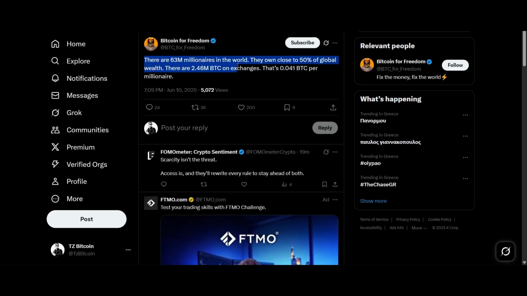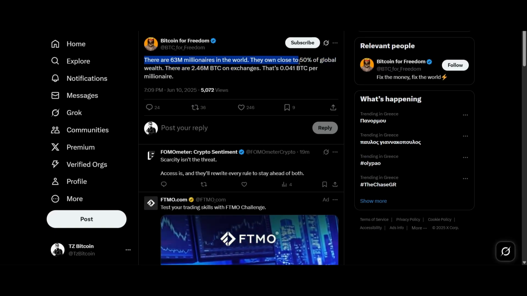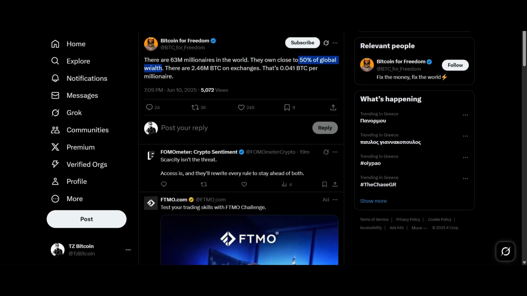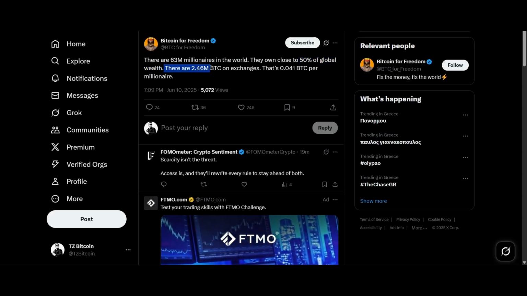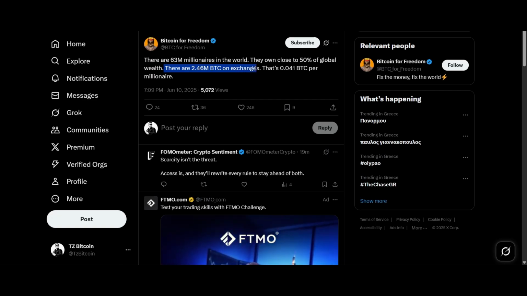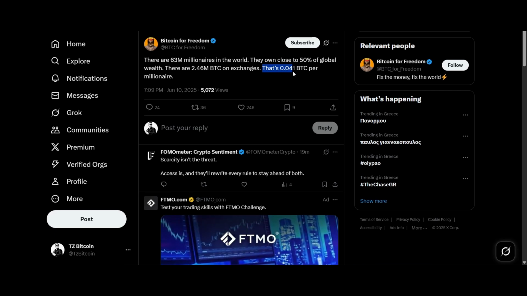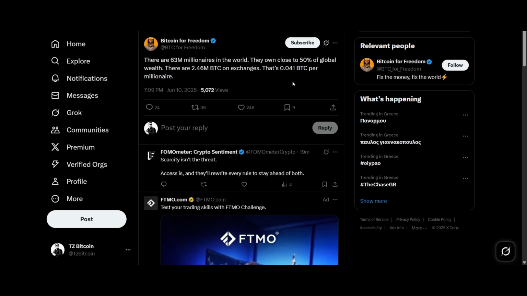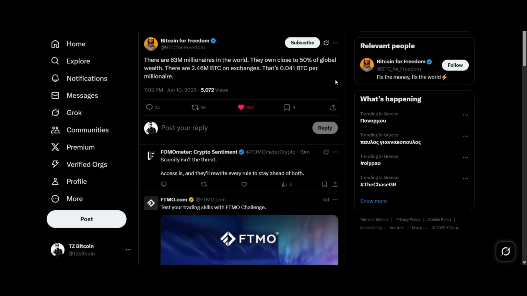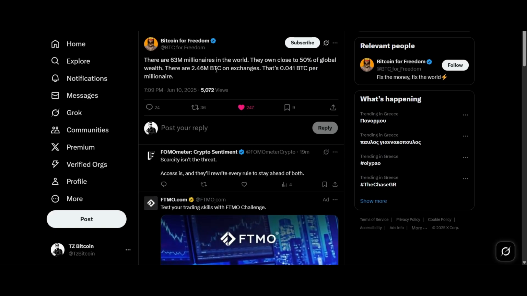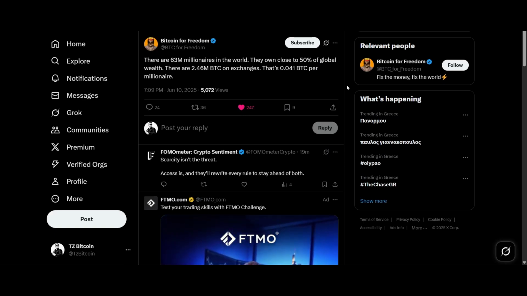There are 63 million millionaires in the world, and they own close to 50% of global wealth. And there are 2.46 million Bitcoin on exchanges. That's 0.041 Bitcoin per millionaire, assuming that no other Bitcoin is sold. No one sells their Bitcoin.